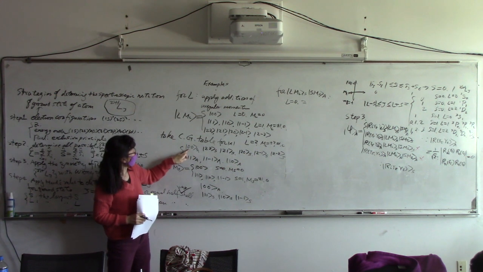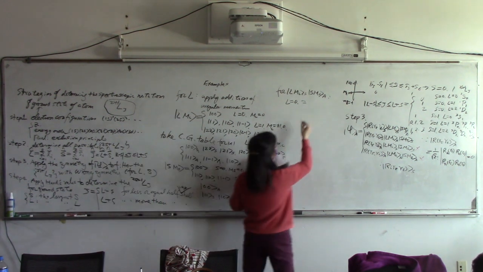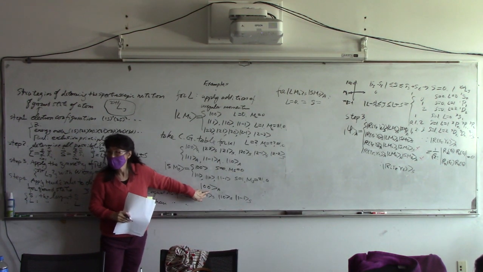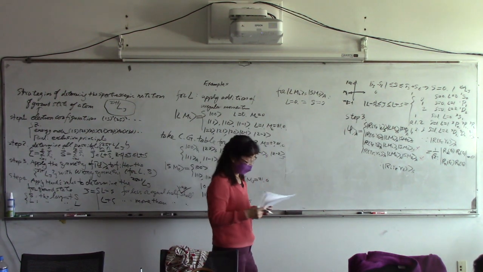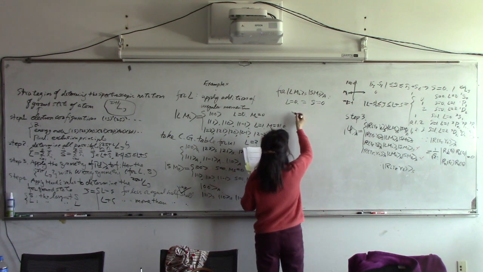L either 1, 0 and 2, those are symmetric. And for the S, antisymmetric is only 0.